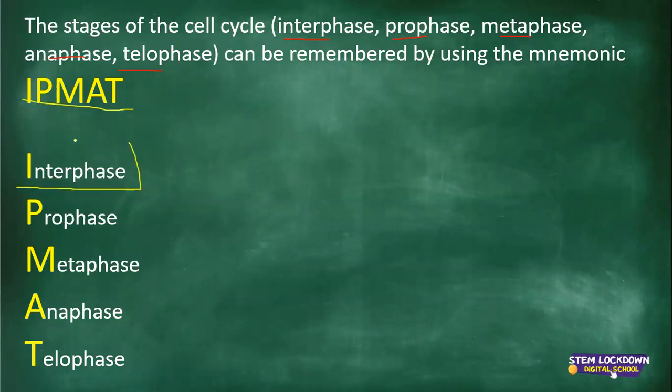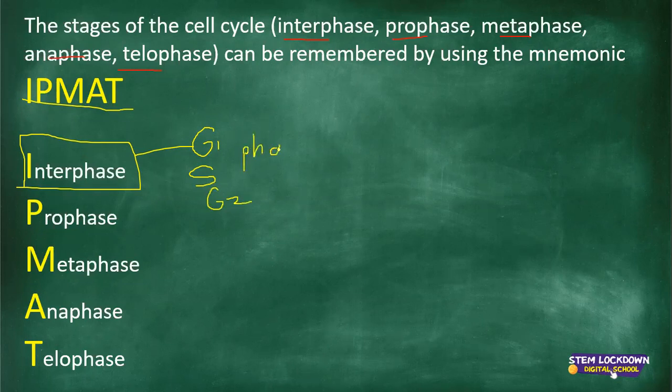Remember, interphase is a phase on its own with 3 phases: the G1 phase, the S phase, and the G2 phase. And they take the longest. The cell is in the interphase for a longer period of time. Remember when we read yesterday, interphase takes about 90% of the cell cycle.